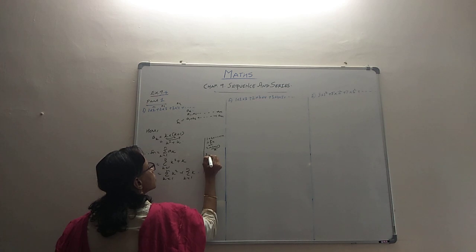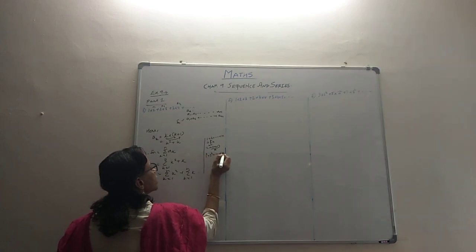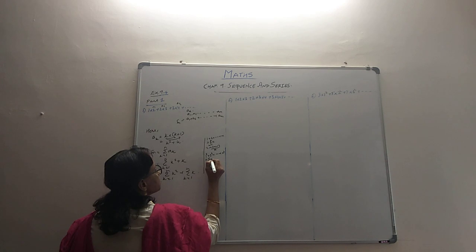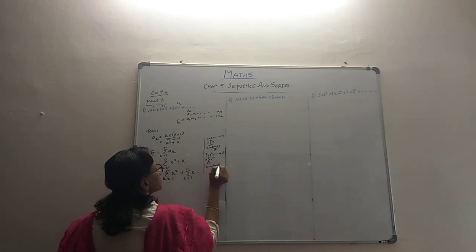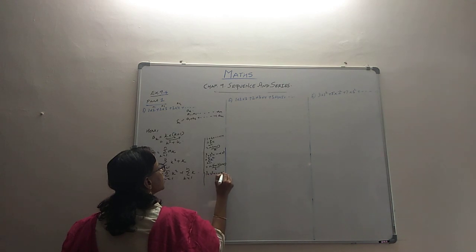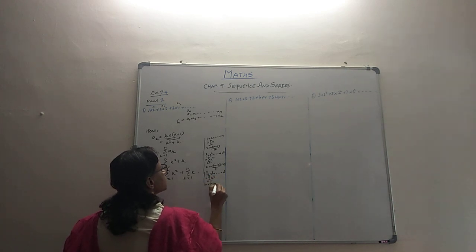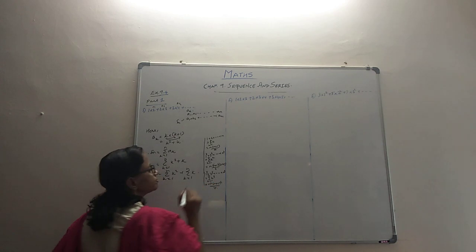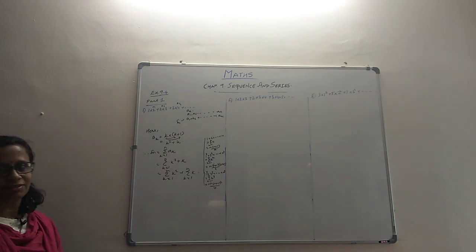Also 1 squared plus 2 squared and so on to n squared, represented as summation k squared, k from 1 to n, by formula is n into n plus 1 into 2n plus 1 by 6. Same way, 1 cube plus 2 cube and so on to n cube is summation k cube, k from 1 to n. By formula it is n squared into n plus 1 squared by 4. So we'll use this as and when required.